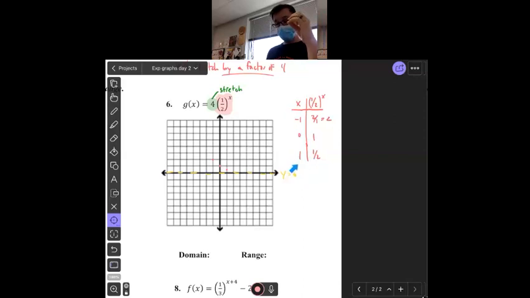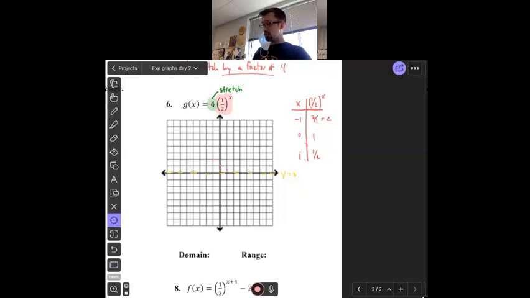If I raise 1/2 to the second power, what's 1/2 times 1/2? 1/2 times 1/2, Brooklyn, not 1/2 plus 1/2. What's 1/2 of 1/2? A quarter.